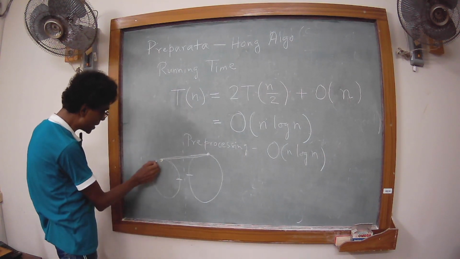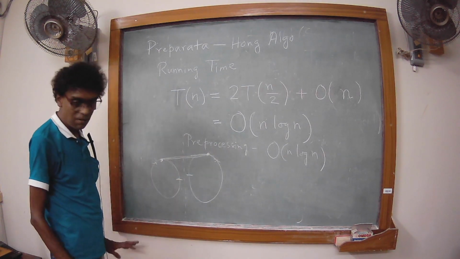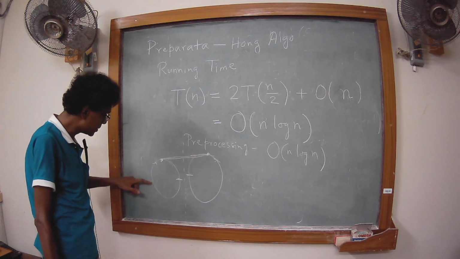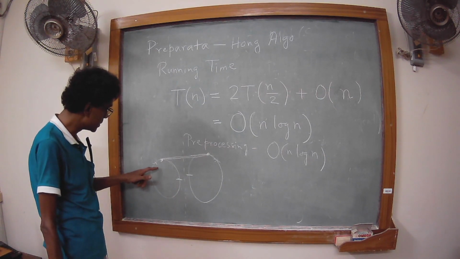That is, P never comes here. Q never comes here. If that thing happens, then this is not an algorithm. You keep on searching, once again you come back without ever being able to find the upper tangent.